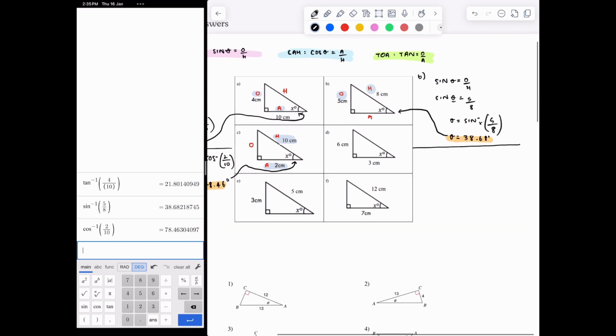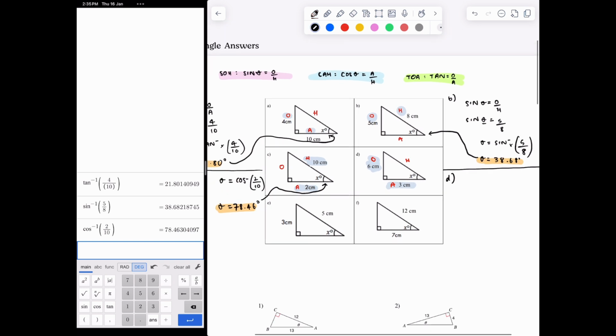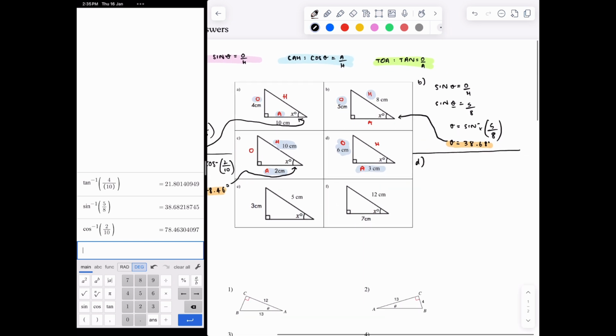So remember, we've got the hypotenuse, the longest side, adjacent, in between the angles, and the opposite the angle given. We've been given the opposite and the adjacent. Which of the functions has O and A? It's the tan function, equals O over A, TOA. So tan theta equals 6 over 3, substituting those values in.